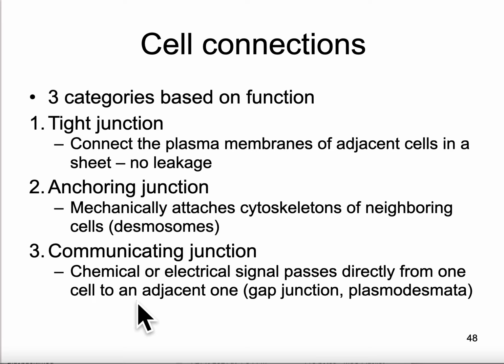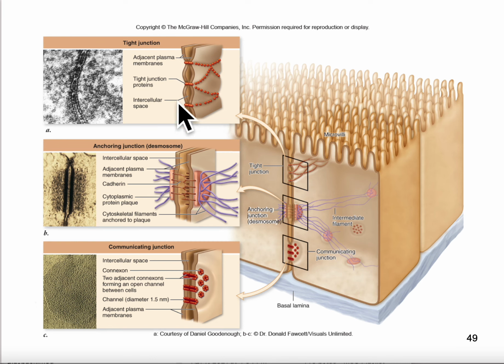Tight junctions are when proteins are used to connect plasma membranes of neighboring cells. So here, tight junction. It's like every one of these studs, it's like a protein that is as if the two plasma membranes are being sewn together. So this is an edge of one cell, and this is an edge of a different cell.